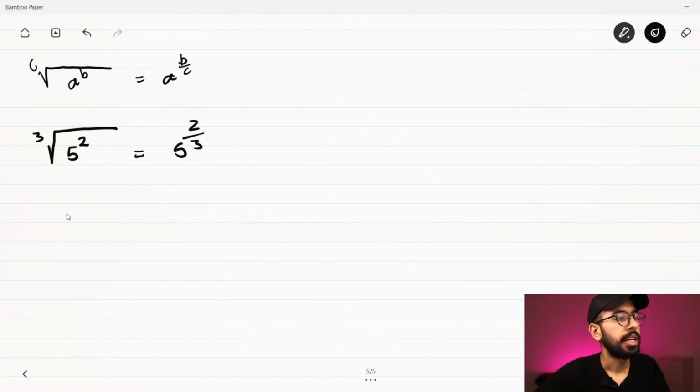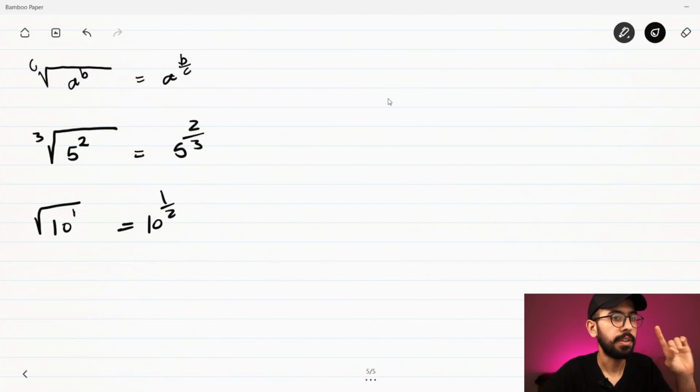So let's take another example. We have 10 under a normal root. It will be like saying we have 10 to the power of a half, because this 10 has a power of 1, but we do not type it, because when you have nothing over the number, it's obviously like saying you have a number raised to the power of 1.